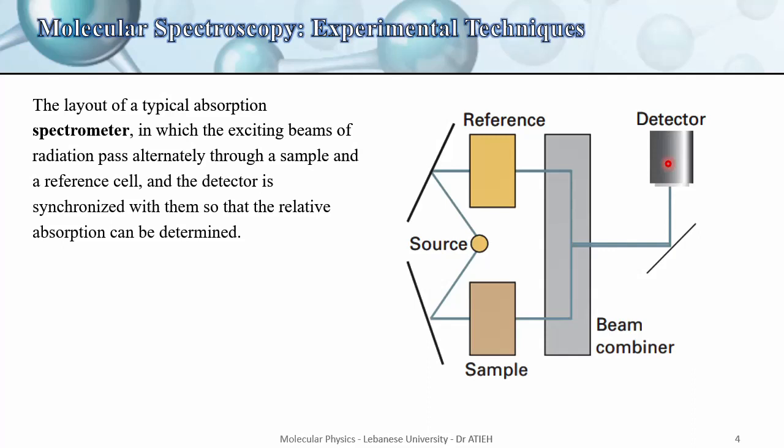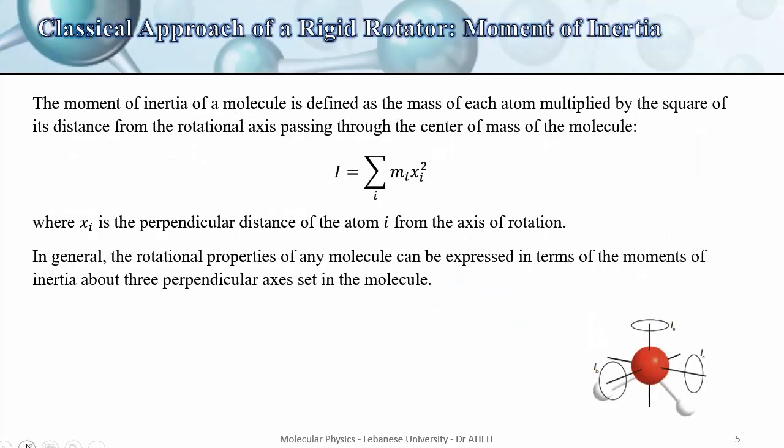So in this case, we can determine the pure rotational spectrum of only the sample without any external interventions. This is done through a comparison between the ray coming from the sample and the ray coming from the reference. Up till now, we have seen experimental evidence of what will be proven later to be related to rotational energy levels.